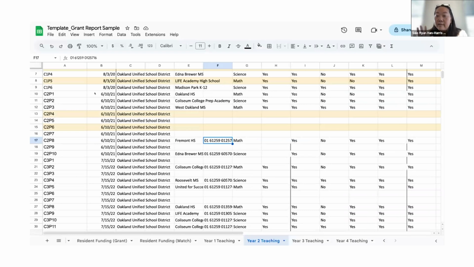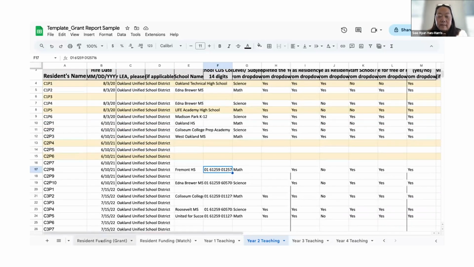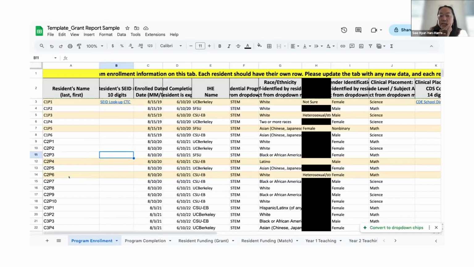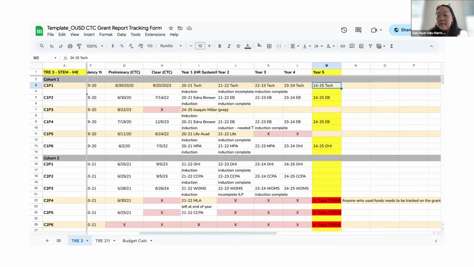I haven't modified the actual format of it, so this should be what it looks like for us all when we're reporting. So you'll see that on this form, I've highlighted in yellow the folks that I think would be interesting and useful to trace across the grant reporting form.